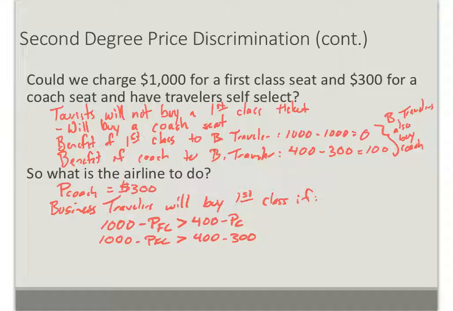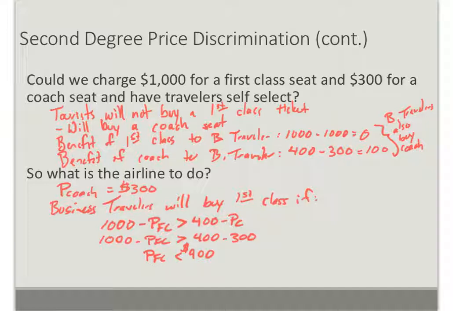Okay, and if we do a little math here, we get that price first class has to be less than $900. So $900 is the absolute upper bound that we could charge for a first class seat. At $900, we will get business travelers buying first class. We will get tourists not buying first class.